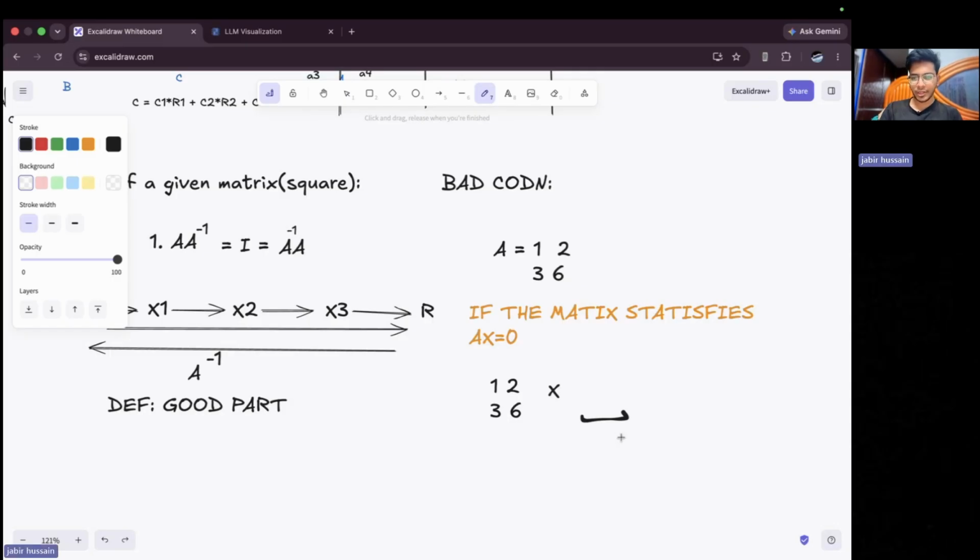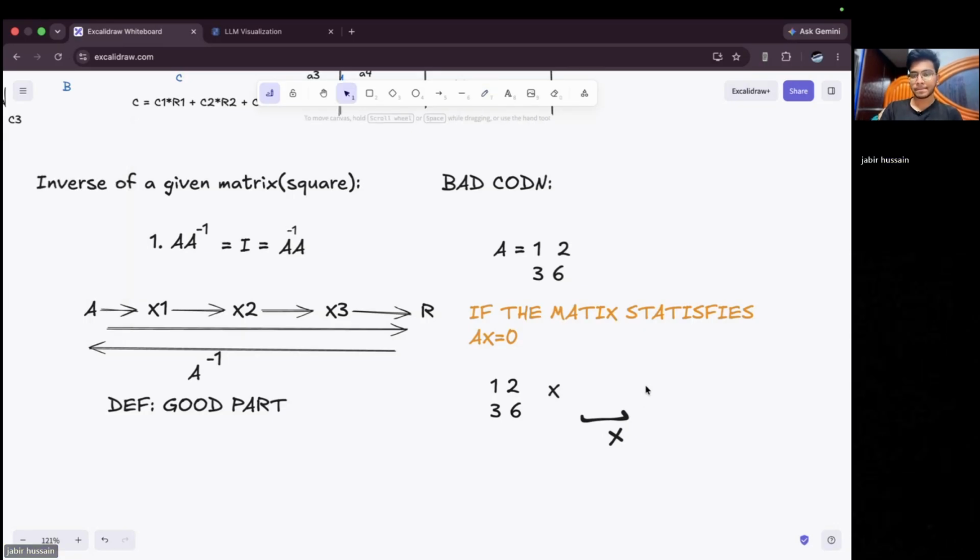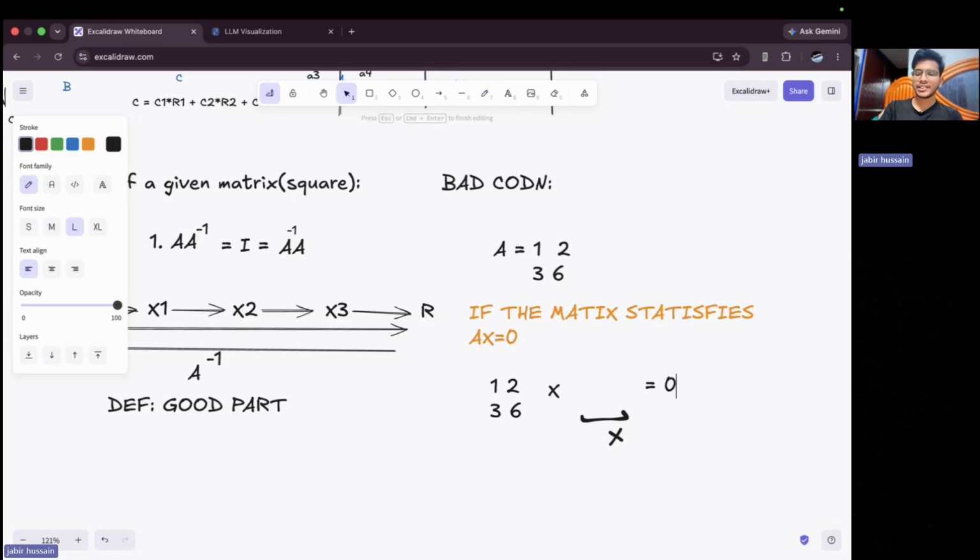Let me draw x properly. Now how can I get x? This is my question. Tell me, what is this x? Tell me the value of x. Tell me, what is this vector? Find out.